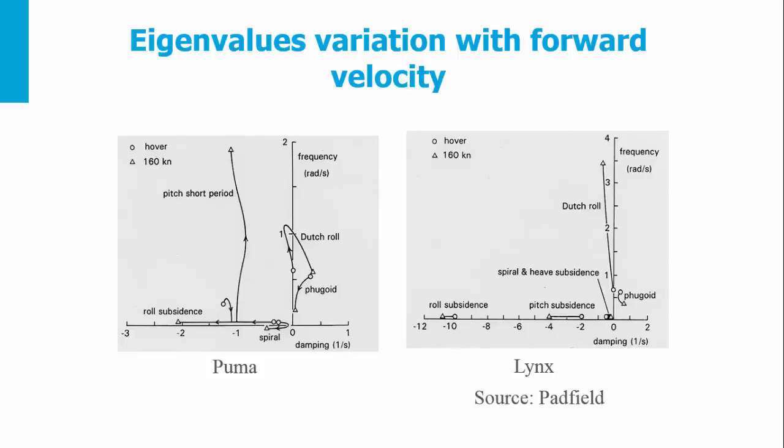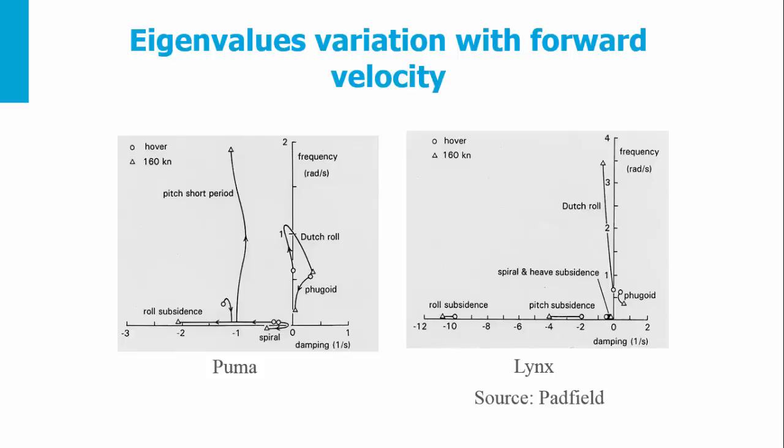For the Lynx, you see that the phugoid mode is again unstable. You see again the Dutch roll, which is in this case more stable. You also see that the short period now becomes a pitch subsidence, increasing its damping as I fly faster, and the heave subsidence, which is very little damped.